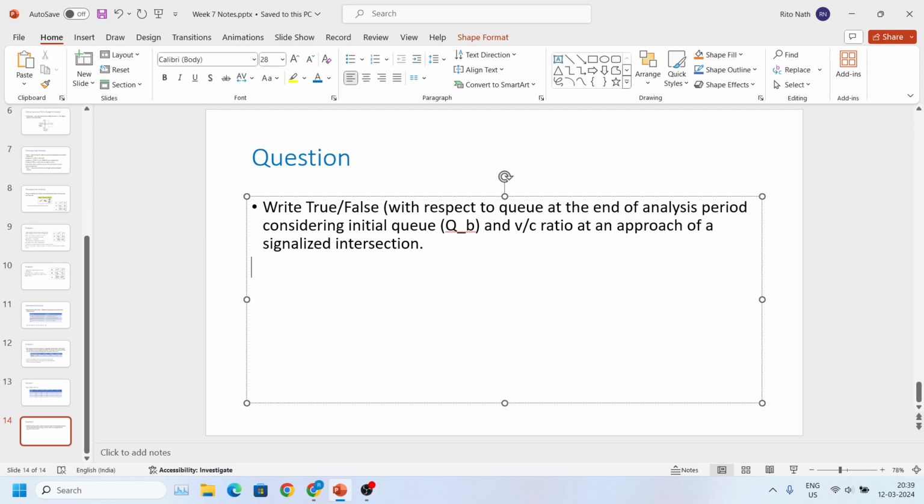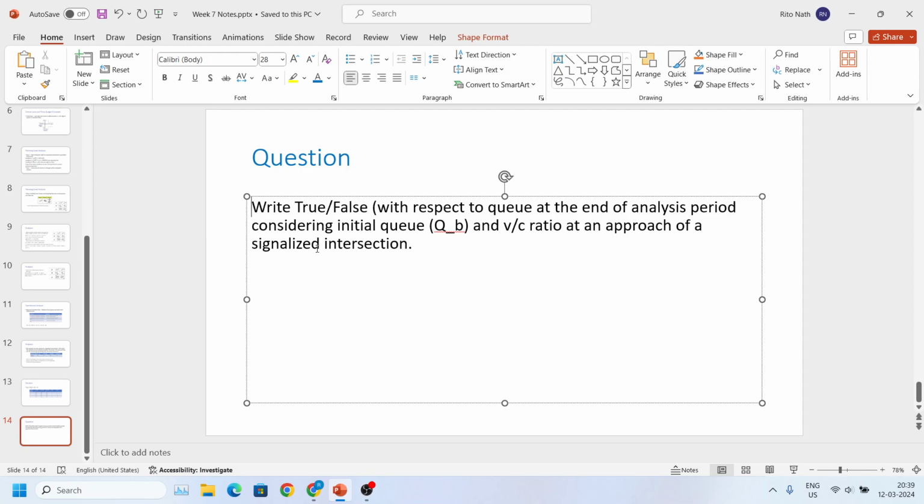So let's see the first statement. If QB equals 0, that means there is no initial Q, and V by C greater than 1, there will be no Q at the end of the analysis period.